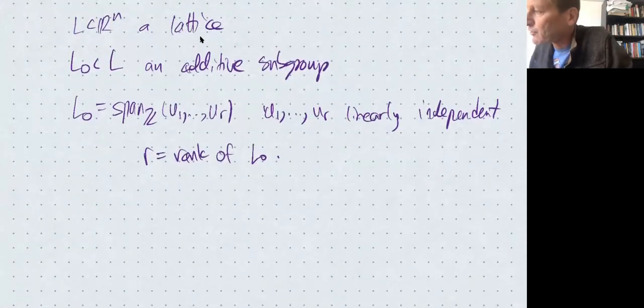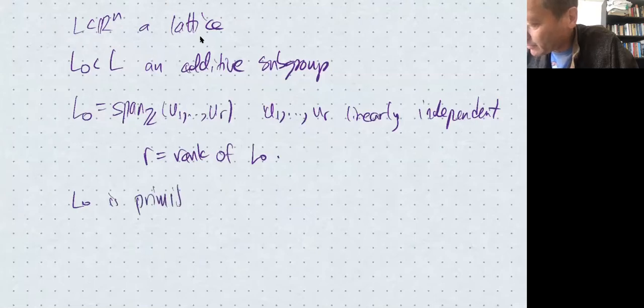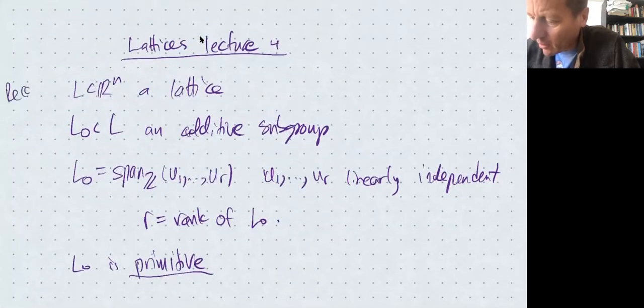associate a number. First of all, let me remind you what it means for this to be primitive. This is all things we've already seen, recall.